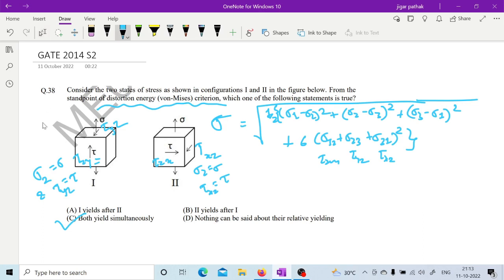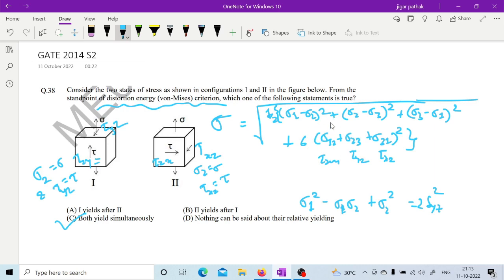For that only we have seen sigma 1 square minus sigma 1 sigma 2 plus sigma 2 square is equal to Syt square, right? So we have not considered those shear stresses. If we consider all that, then this will be the equation for von Mises.